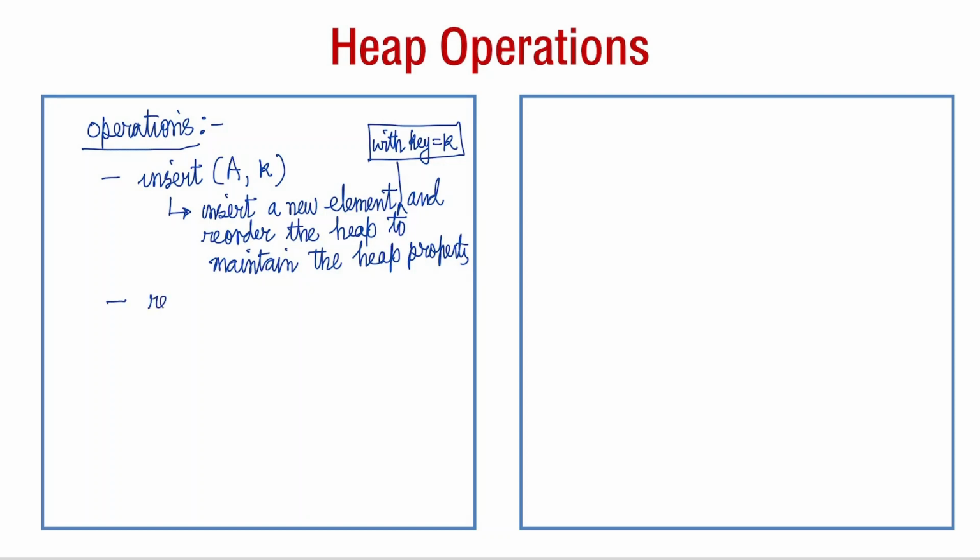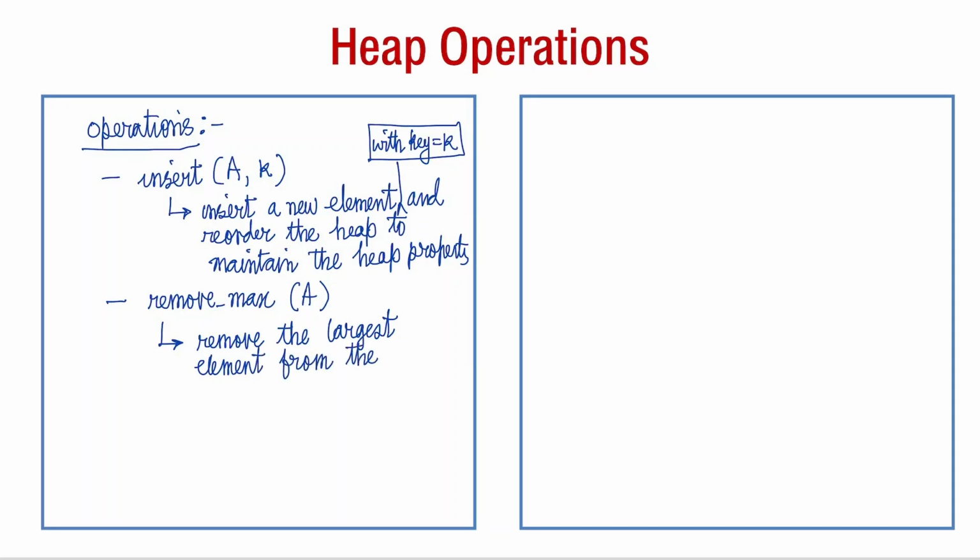The next is remove max, it being a max heap. So this will remove the largest element from the heap and reorder the heap to maintain the heap property.